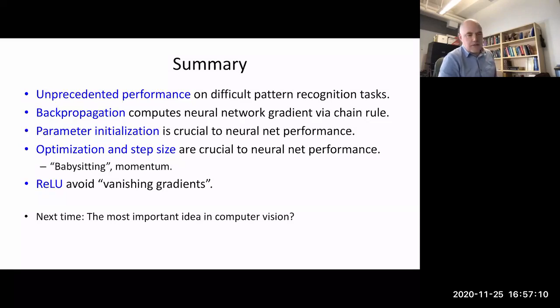Parameter initialization is important. You shouldn't do it in a dumb way, that's for sure. Optimization is hard, but doable, particularly with modern optimization packages. And ReLU, which is probably the most important thing in this lecture, allows you to avoid the vanishing gradient problem and actually train deep neural networks.